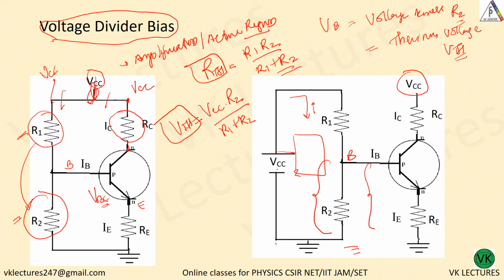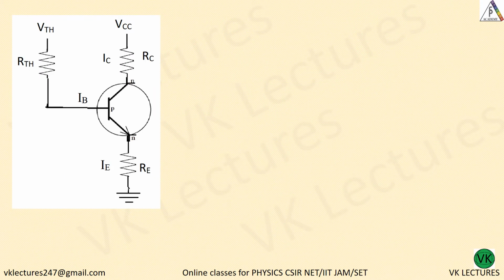Find out VTH and RTH. Once you have found out VTH and RTH, just make the equivalent circuit. So this is VTH, RTH, and through the base. This is base, collector and emitter. Now this is similar to that of an emitter bias.